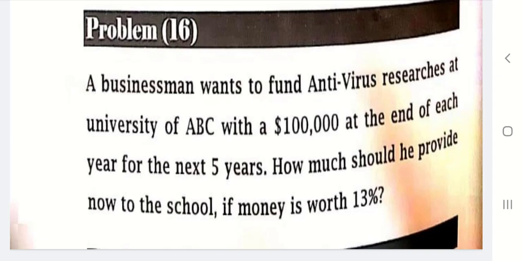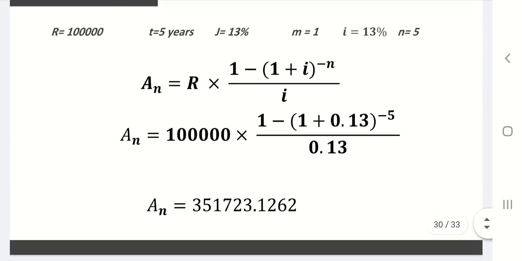So R will be equal to $100,000, N will be equal to 5, J equal 13%, M equal 1, and I will be equal to 13%. By substituting in the formula A sub n equals R times 1 minus 1 plus I to the power negative n, over I, with R equal 100,000, T 5 years, and the nominal rate 13% annually, so M equal 1 and N equal 5, and the rate per period I equal 13%.